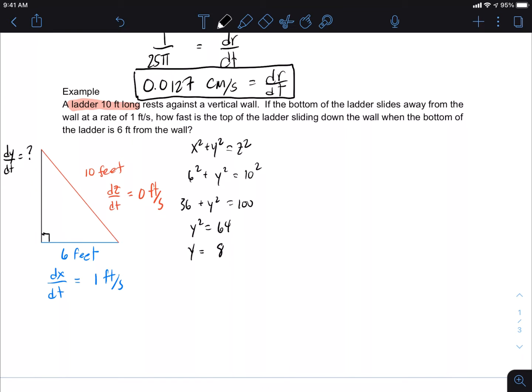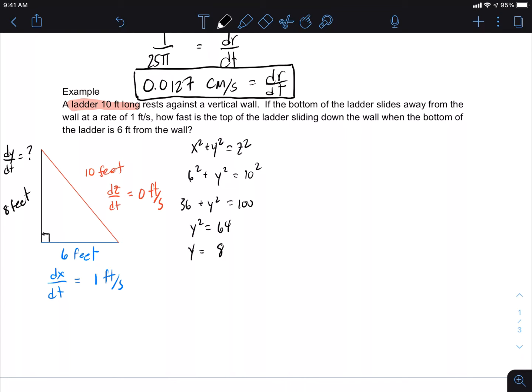But since we're talking about a distance, we're going to use the positive, right? So now we know that this should be 8 feet. Does that make sense? Are we good?